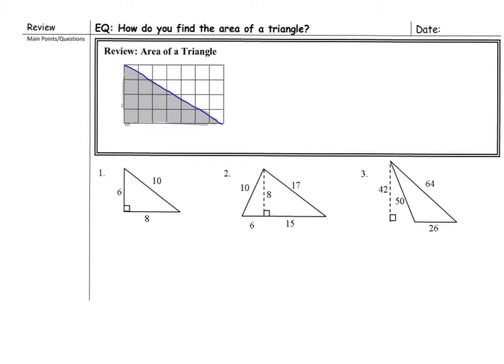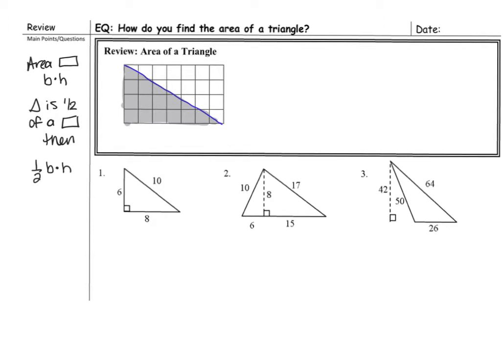So if I know that the area of a rectangle is base times height, and a triangle is half of a rectangle, then all I have to do is take half of the base times the height.